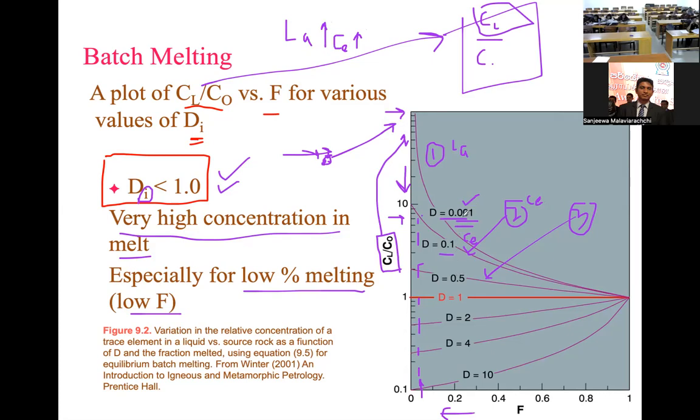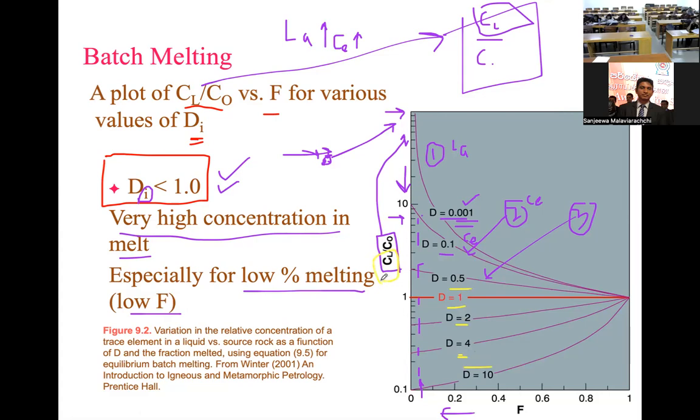Suppose here 0.01 and 0.1, 0.5, 1, 2, 4, like that, right? So you can see the amount of that particular element which is going into the liquid. Remember, this is going into the liquid.